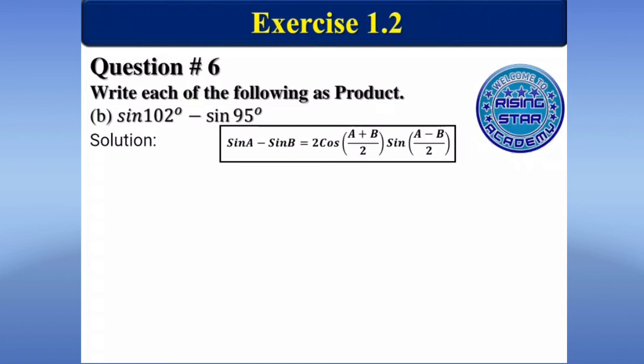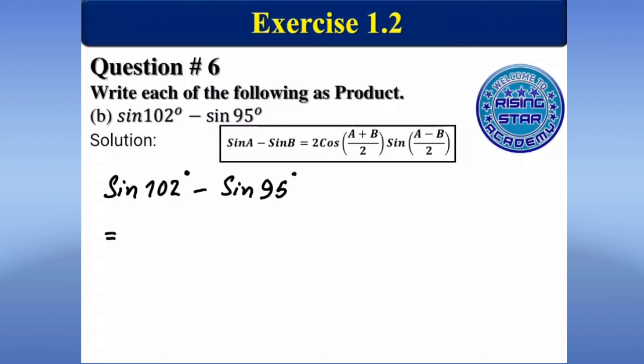So in part B, I will use the identity of sine A minus sine B. Let me write sine of 102 degrees minus sine of 95 degrees.